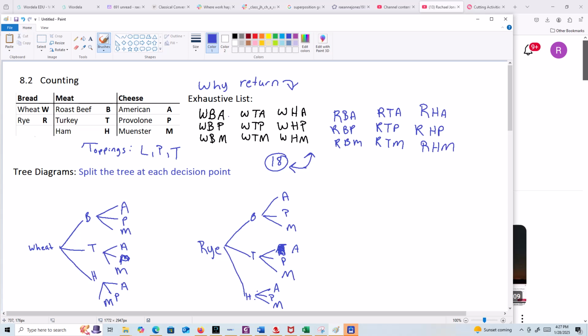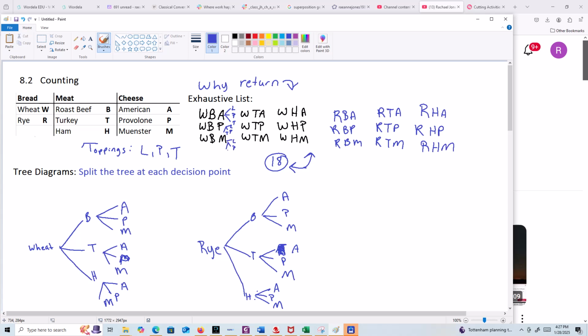So you'd have to go back, and for every decision point of cheese now, you'd have to add 3 more options: lettuce, pickle, tomato. I'm kind of combining the exhaustive list and the tree diagrams. Hopefully you can get a mental image of how that looks.